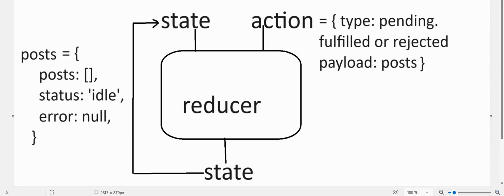And maybe you ask yourself, as I asked myself, why do we need status and error, and why do we need an object with three properties: posts array, status, error? Why is it not enough to have only a state array of type post, without status and error?